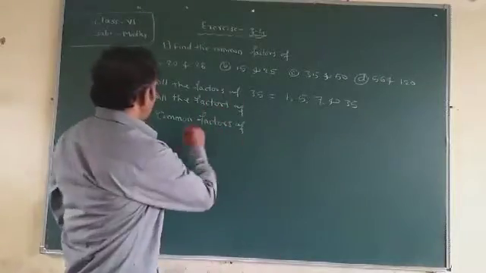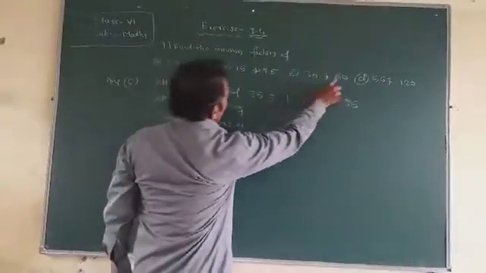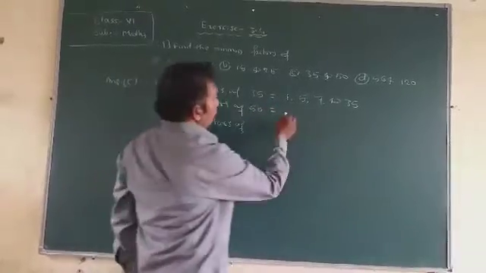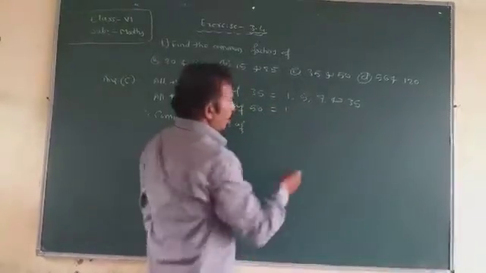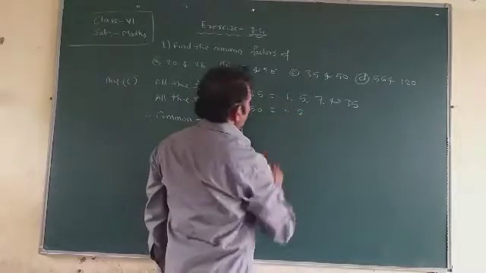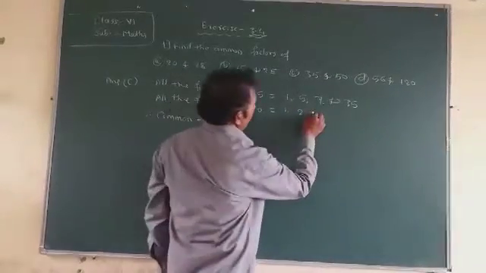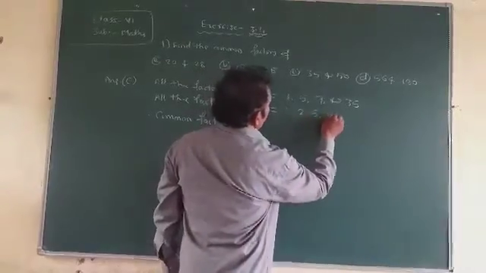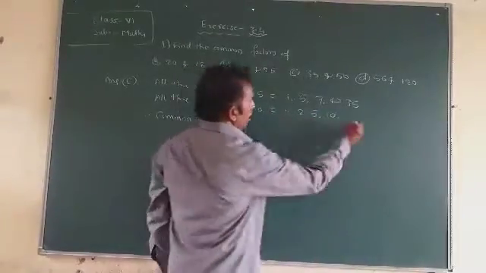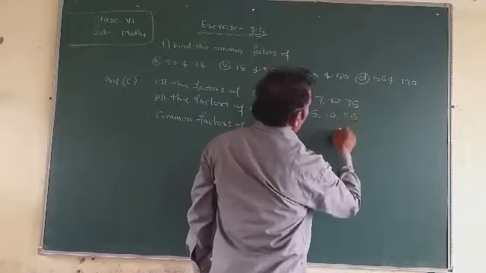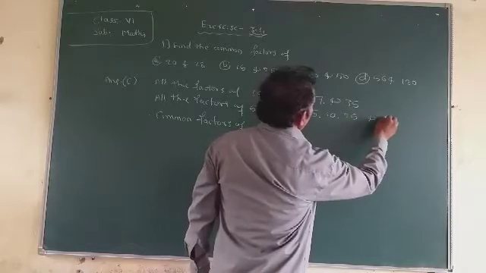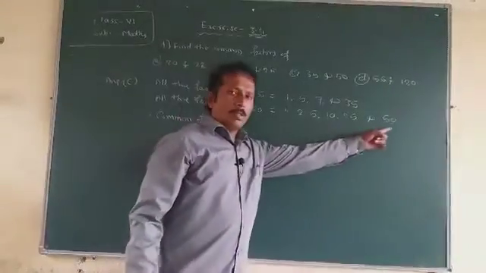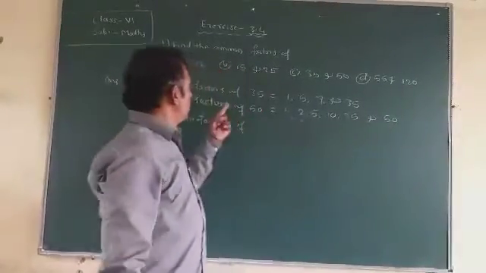And similarly, all the factors of 50 is equals to 1 fifty is, then 2 twenty-fives are, then 5 tens are, next 10 fives are, next 25 twos are, and last factor is 50. So all these are the factors of 50.